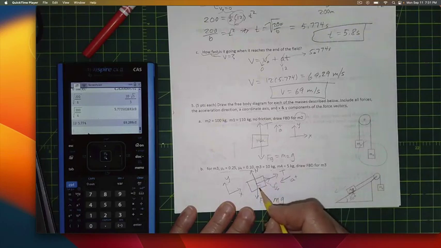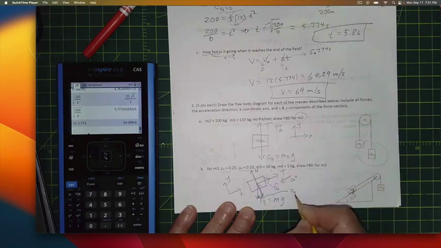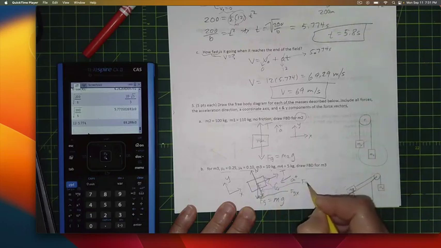So we can draw our triangle here, one part perpendicular to the surface and one part parallel to the surface. So this little piece in here is F sub G in the X direction. This piece over here is F sub G in the Y direction.